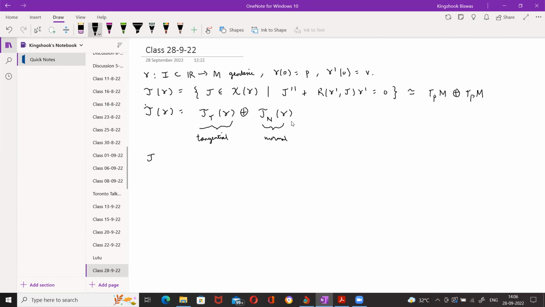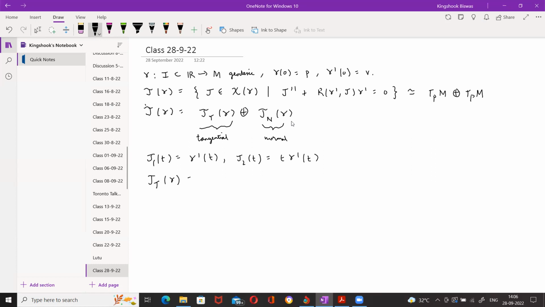You have always these two trivial solutions to the Jacobi equation. J1 of t is gamma prime of t, and J2 of t is t times gamma prime of t. As we saw last time, these satisfy the Jacobi equation, and these are tangent to the curve gamma.